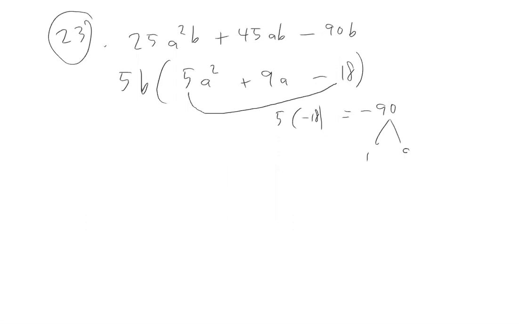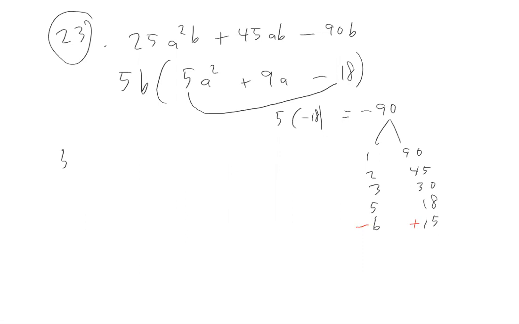So I could do 1 times 90, 2 times 45, 3 times 30, 5 times 18, 6 times 15. Okay, there it is. So now I can change the signs. If I make the 6 be negative and the 15 be positive, then that will add up to make 9, which is what I want.